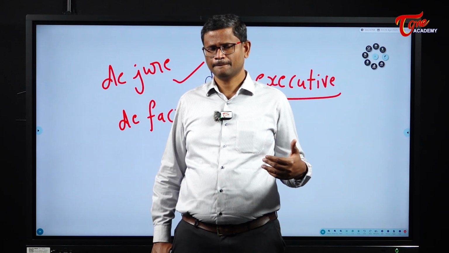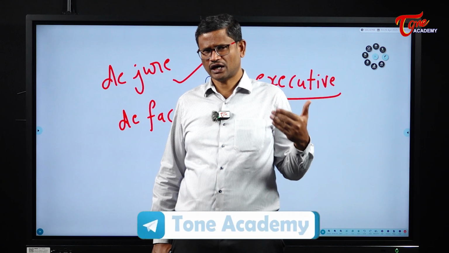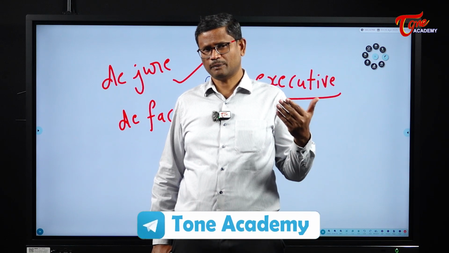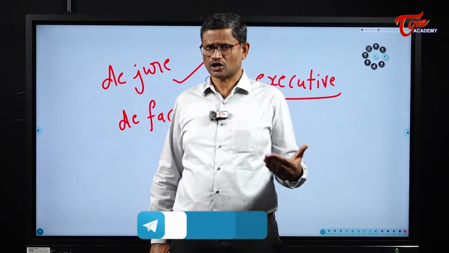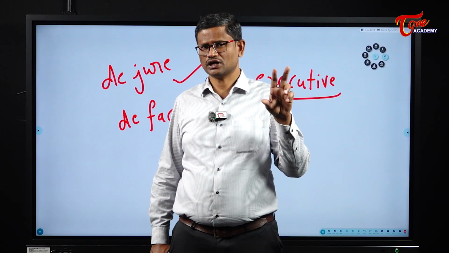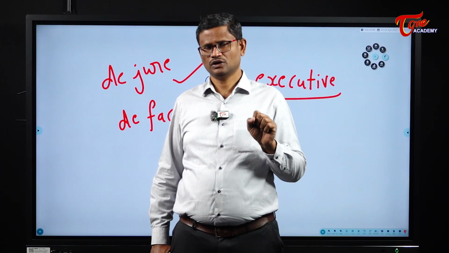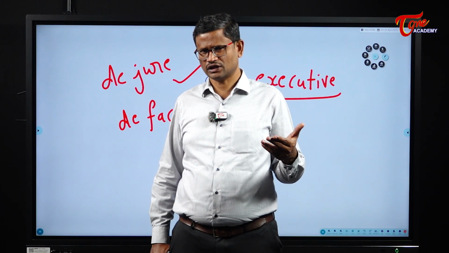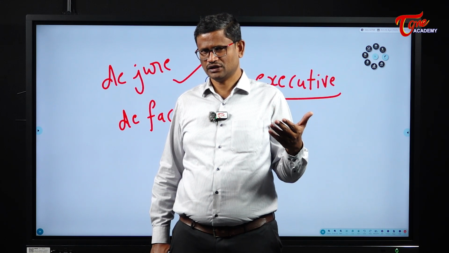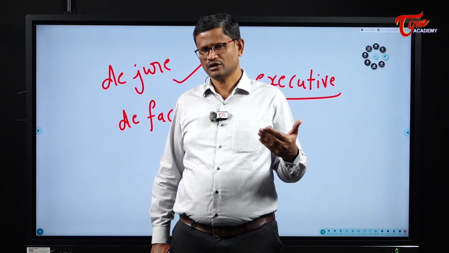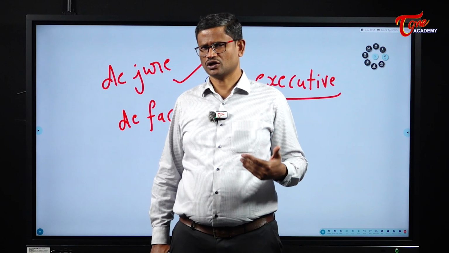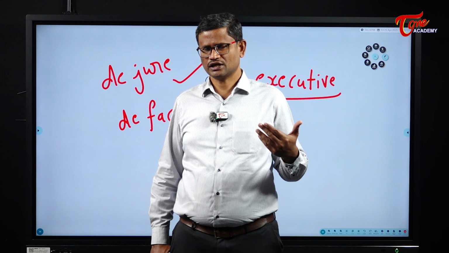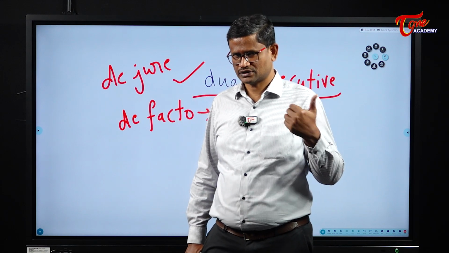But in India, the president is the head of the Indian nation state, the prime minister is the head of the government. So that is the meaning of dual executive. And then, as I said, the union executive consists of the president, vice president, prime minister and council of ministers. So let's take up our discussion on the president.